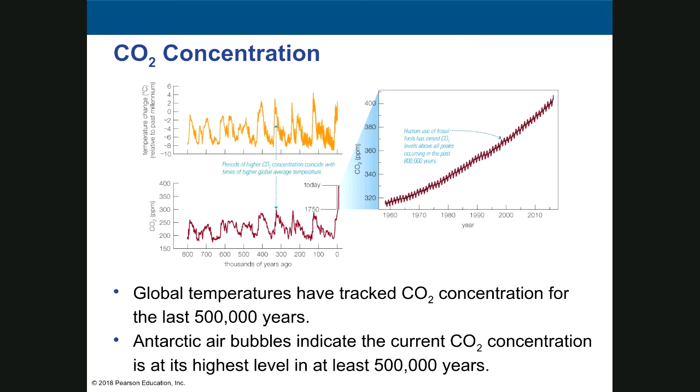All right. One thing to be aware of is that when you're looking at climate graphs, the year 0 is usually 1950. So you have to be careful. You'll notice that's about right here.